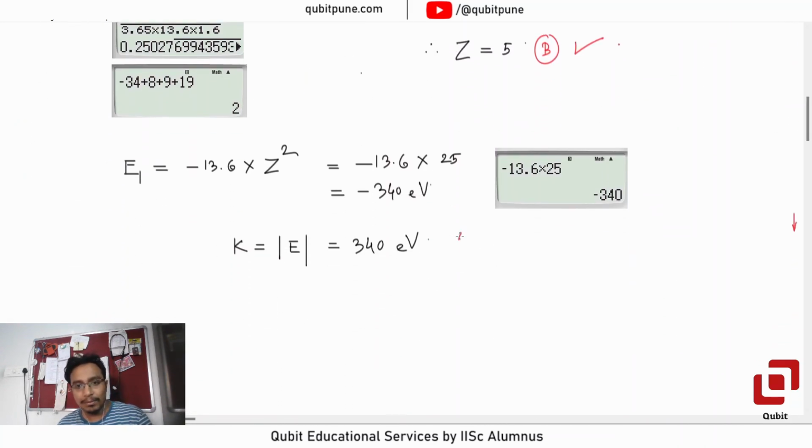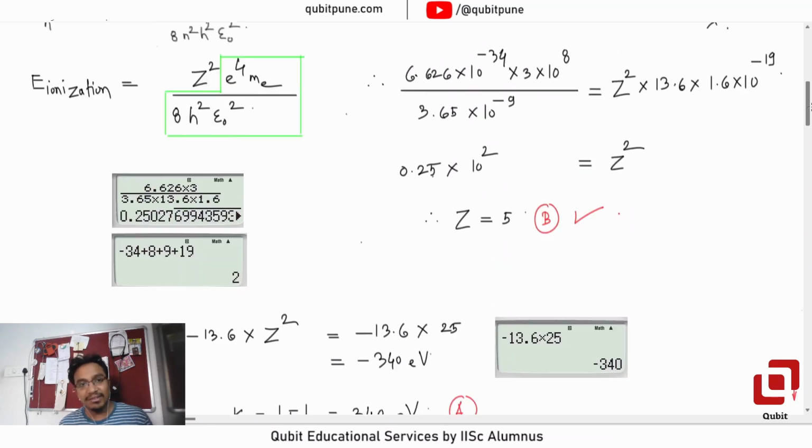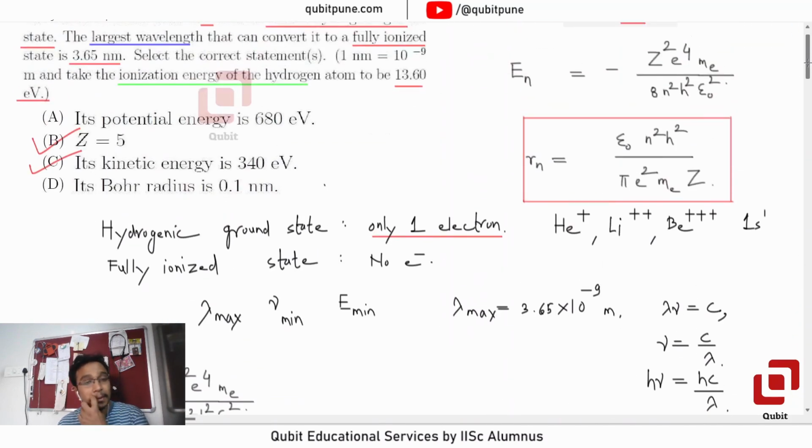Now how about its potential energy? Potential energy U is negative and it is 2 times the total energy. So see now, potential energy's sign is important. We cannot just say that it is 640 electron volts. That's wrong.